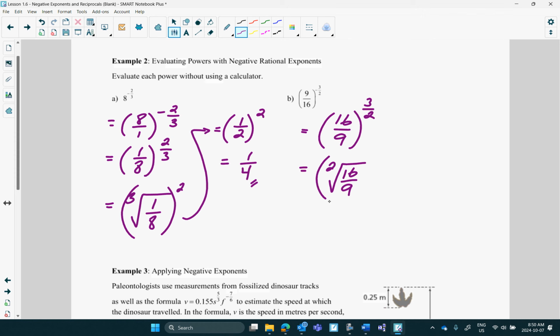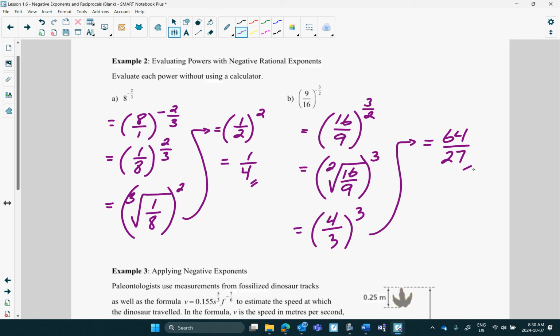And then I'm going to take that whole thing to the third. So square root of 16 over the square root of 9. And then I still have to cube it. 64 over 27. Excellent. Good. There we go.